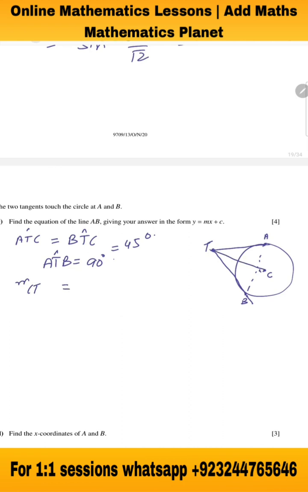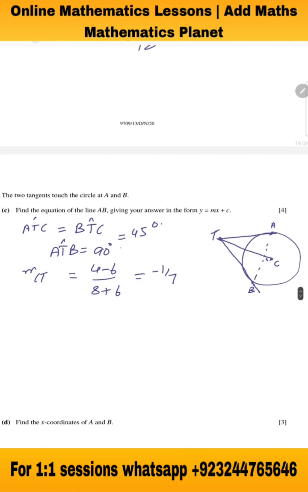Because we have all the coordinates, we can calculate it: 4 minus 6 over 8 plus 6, which is equal to minus 1 by 7. The slope of AB will be equal to minus 1 over minus 1 by 7, which is equal to plus 7.